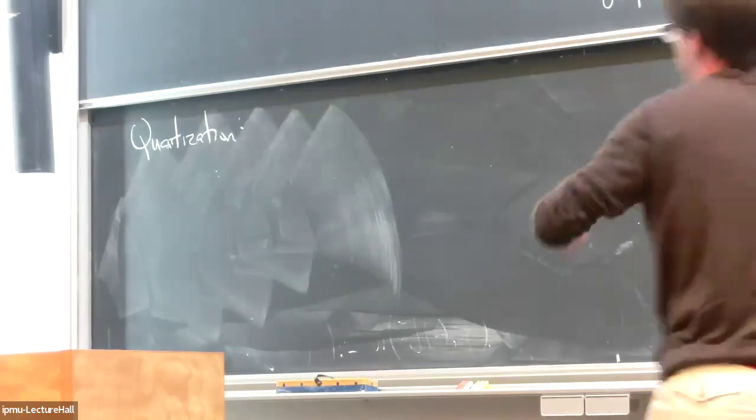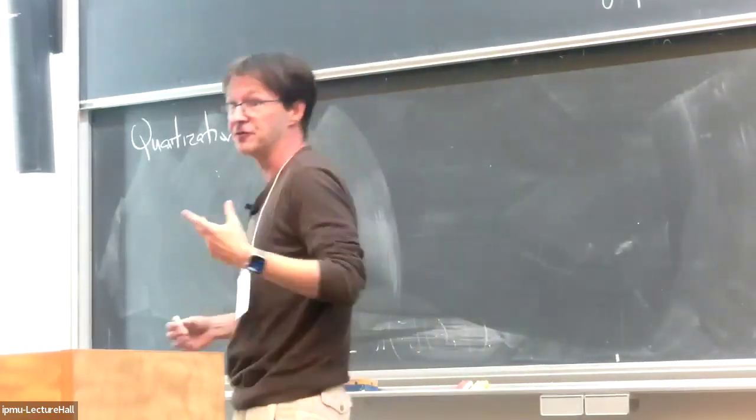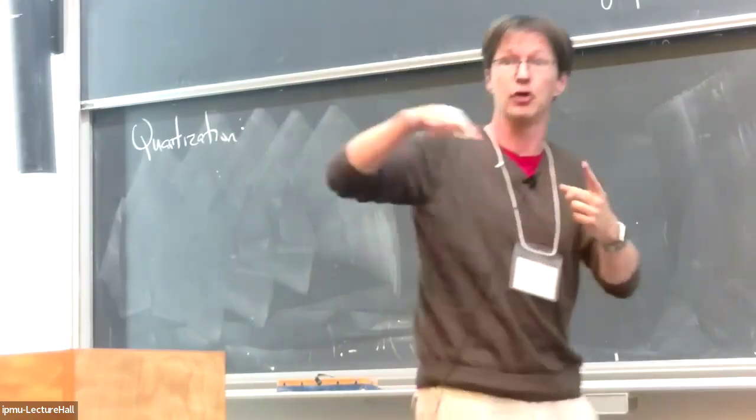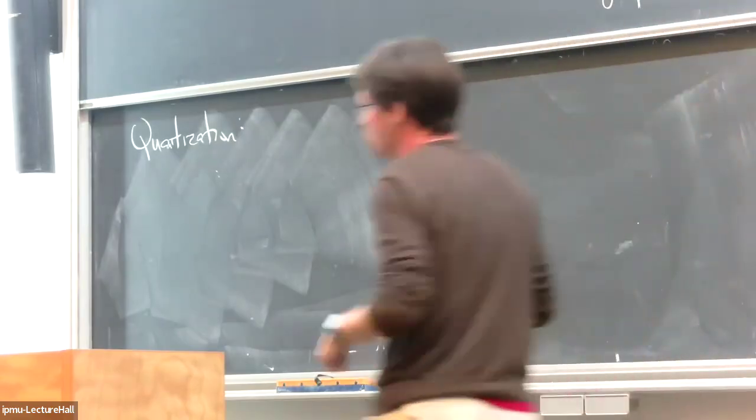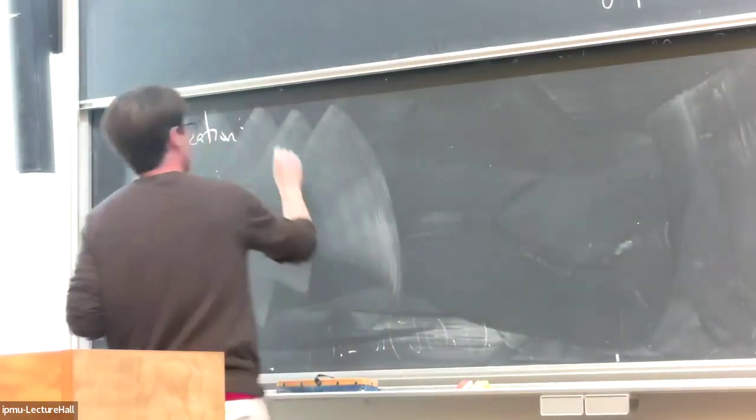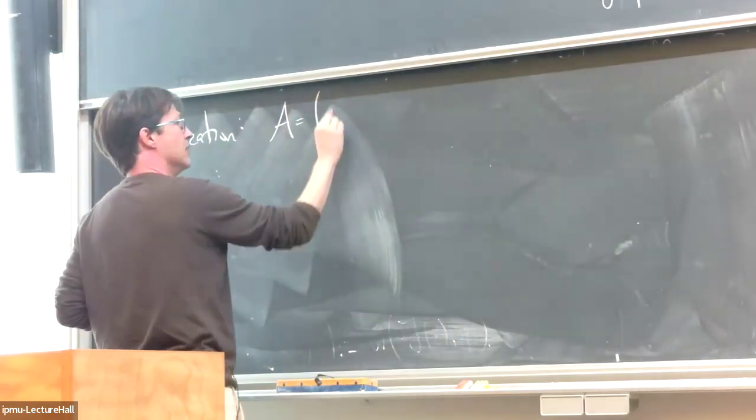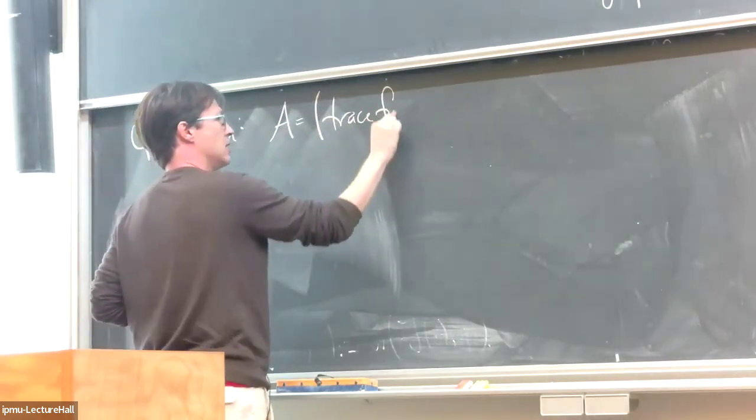Well, on Teichmüller space we have a natural class of distinguished functions, the trace functions. You look at the holonomy around any loop, take the trace of the holonomy, and that gives you a function on Teichmüller space. Those functions form a commutative algebra, call it A.